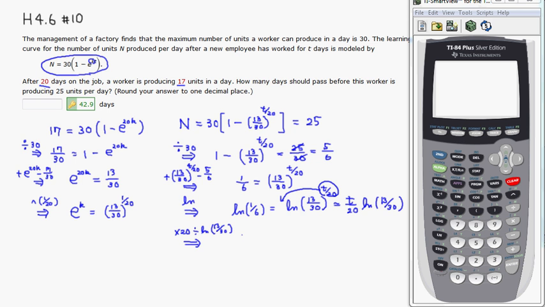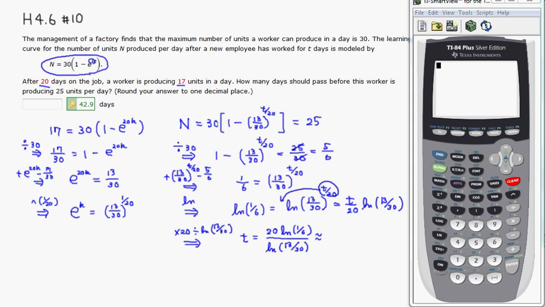So t is going to be equal to 20 times the natural log of 1 over 6, over the natural log of 13 over 30. Of course I can't do this in my head, so I'm going to borrow the calculator.